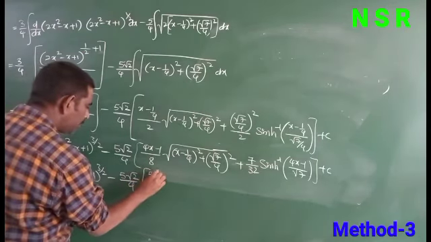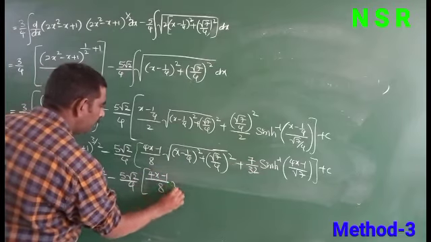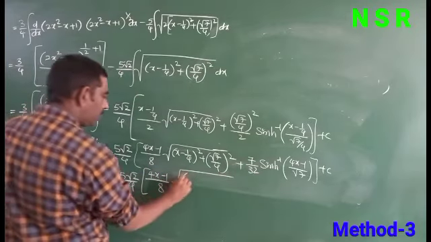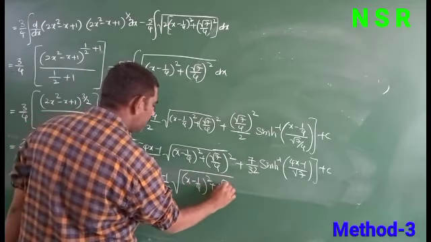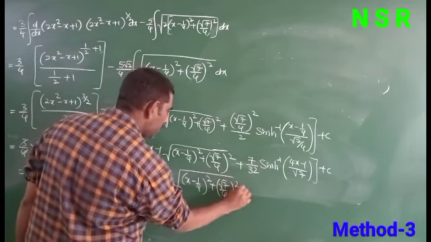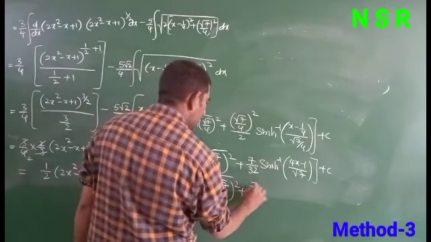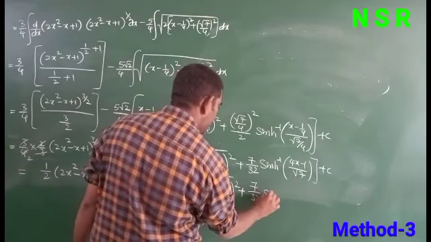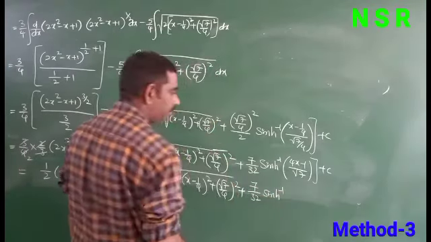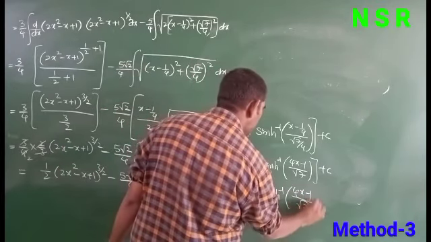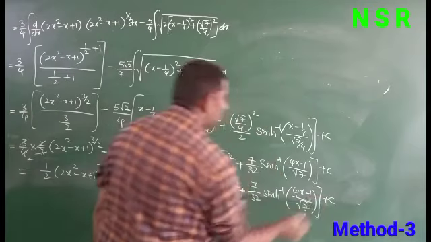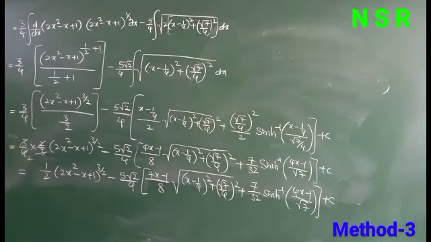So (4x minus 1) by 8 into square root of (x minus 1 by 4) whole square plus (root 7 by 4) whole square, plus 7 by 32 into sin h inverse of (4x minus 1) by root 7, plus c. So this is our final integral value.